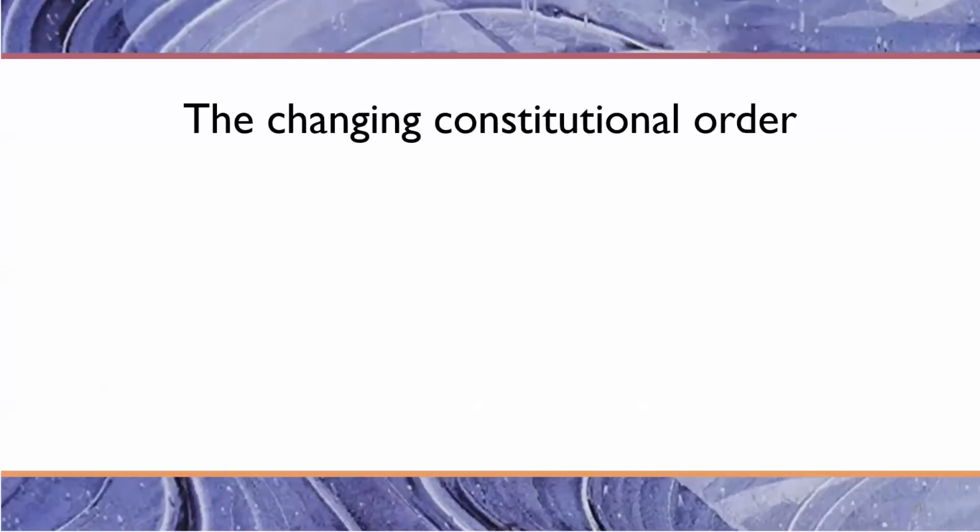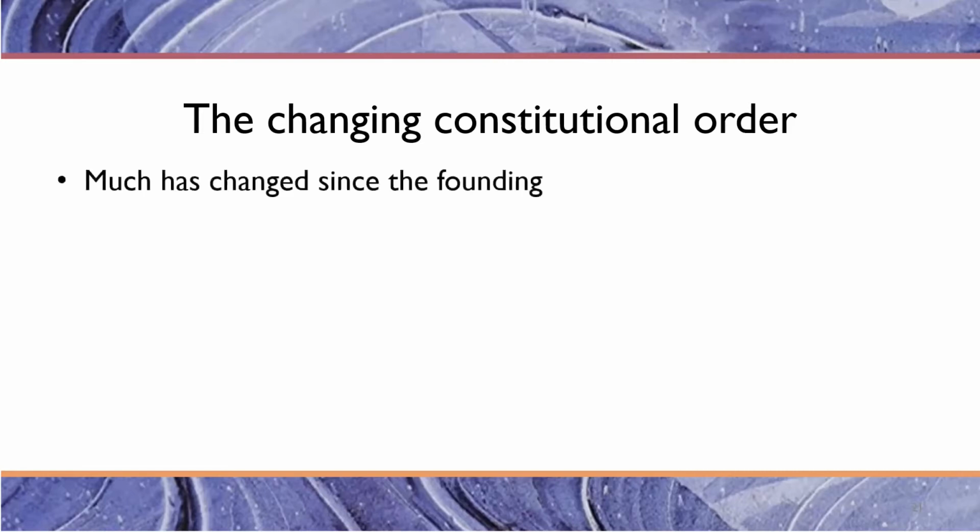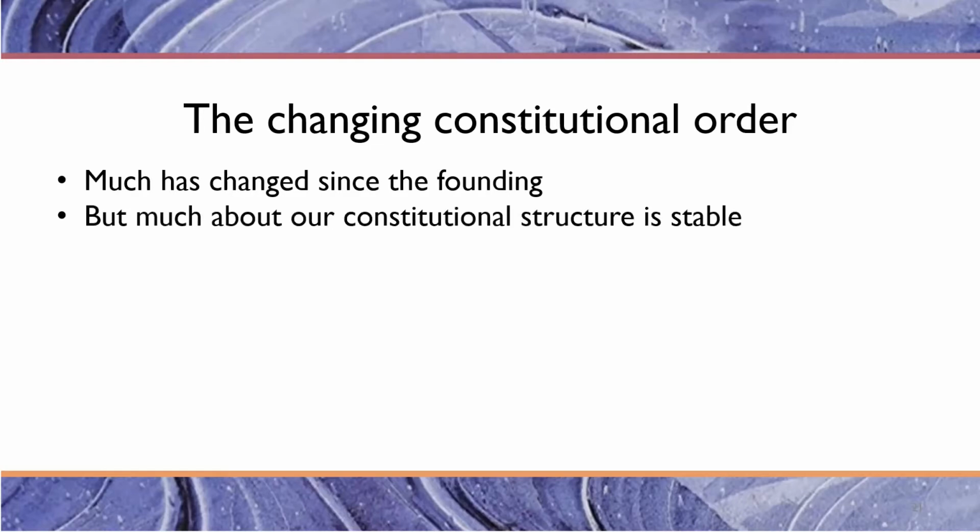Well, let's talk about the changing constitutional order in American history and pick up on some of the themes that I discussed in the earlier video. The first of those themes is that much of the constitutional order has changed a great deal since the founding, but much of our constitutional structure is stable.